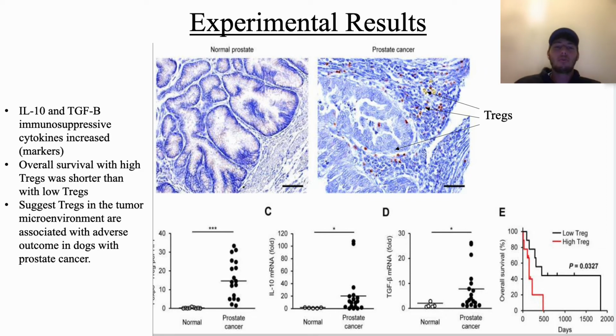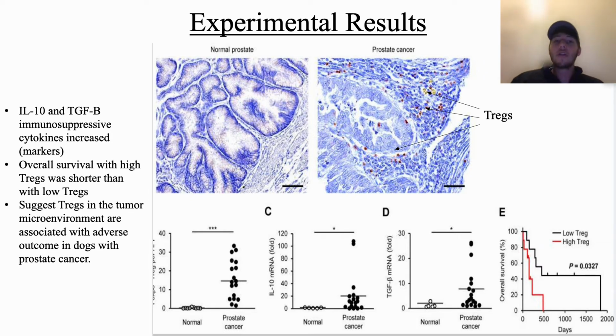But the important thing to take away from this slide is that there is a higher amount of regulatory T cells in prostates that have prostate cancer, and also a number of markers when an individual has prostate cancer. In this case, that is IL-10 mRNA and TGF-B mRNA.